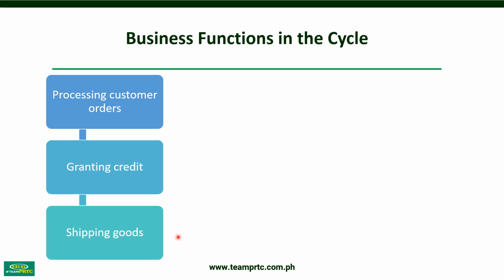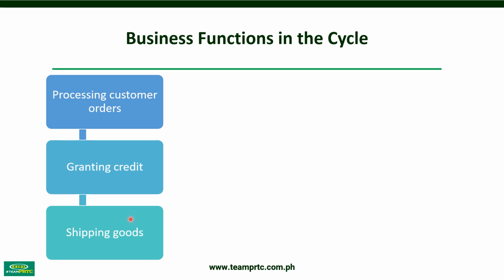So, since this is a critical point of the process, adequate controls should be present before any goods are shipped to the customer. Like, for example, verifying first whether credit has been approved before shipping to the customer, and also ascertaining the correctness of the items based on the sales order before shipping the goods to the customer.